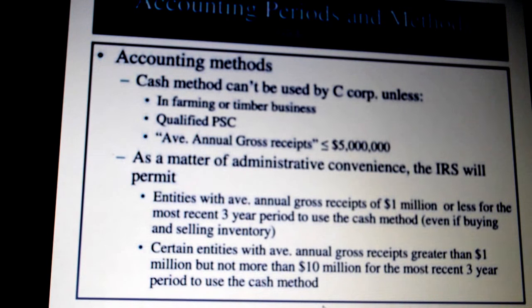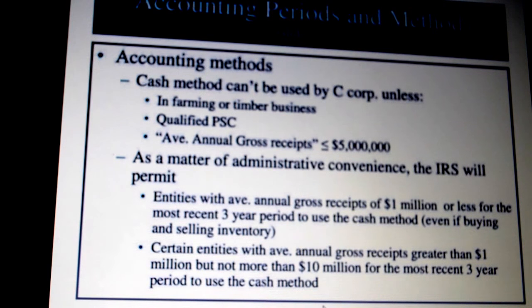This includes any entity with average annual gross receipts of not more than 1 million for the most recent 3-year period, and some entities with average annual gross receipts of not more than 10 million for the same 3-year period.